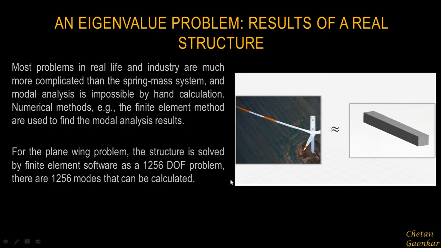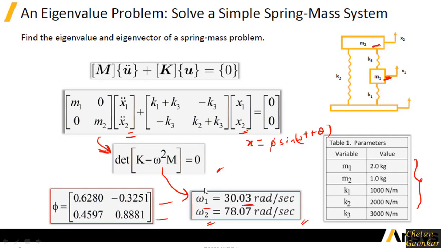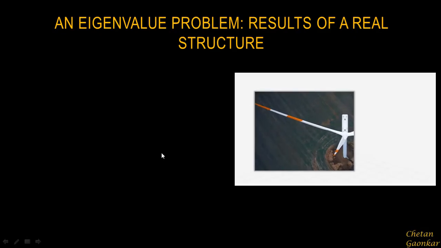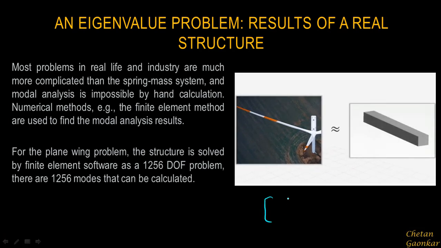Just imagine, even after discretizing this, we have 1256 degrees of freedom. That means this matrix will be 1256 by 1256. Here we have just a 2 by 2 matrix, but for this problem, although we have discretized it, we still have a matrix of 1256 by 1256, which is really not possible with hand calculation.